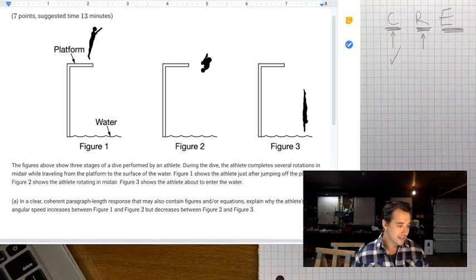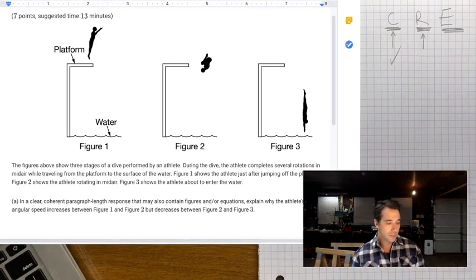So our claim is that the athlete's angular speed increases between figure 1 and figure 2, but decreases between figures 2 and 3. And the reason for that is that angular momentum is a conserved quantity. Angular momentum is conserved.